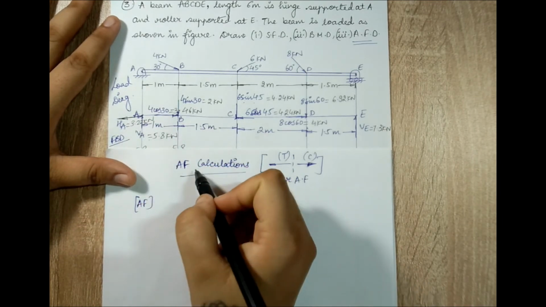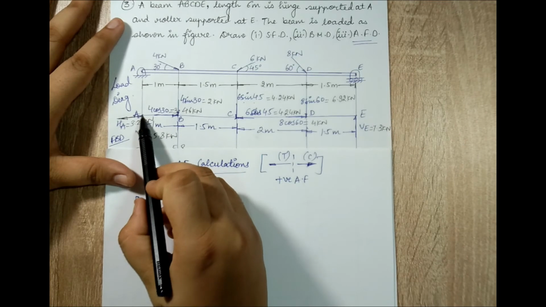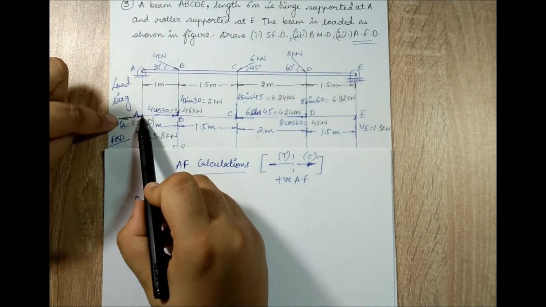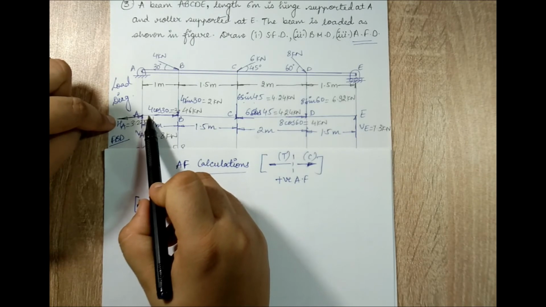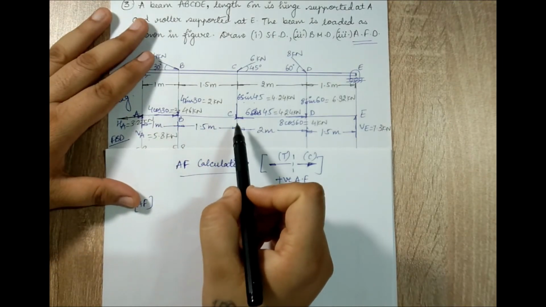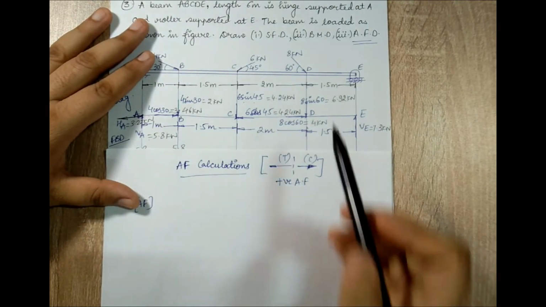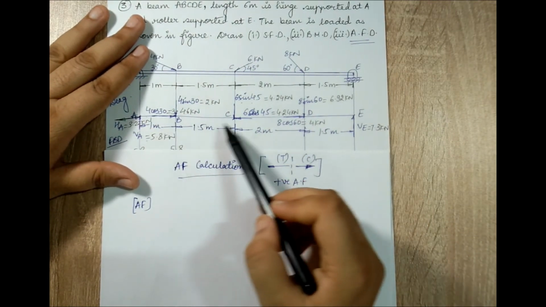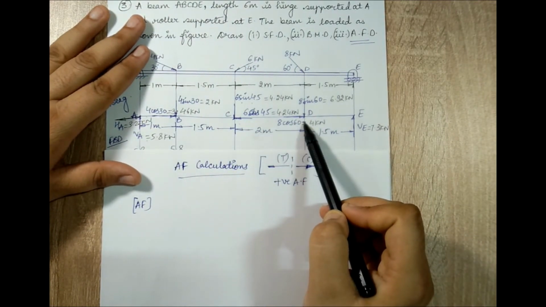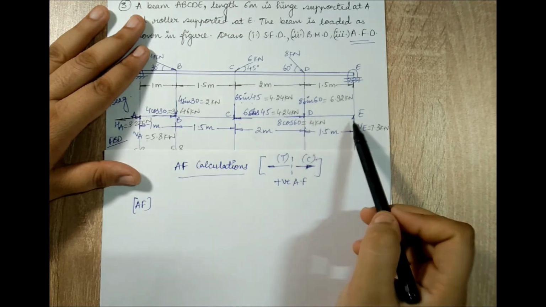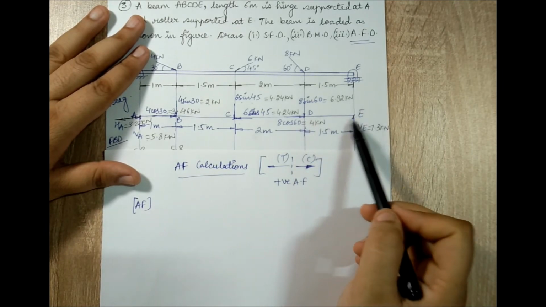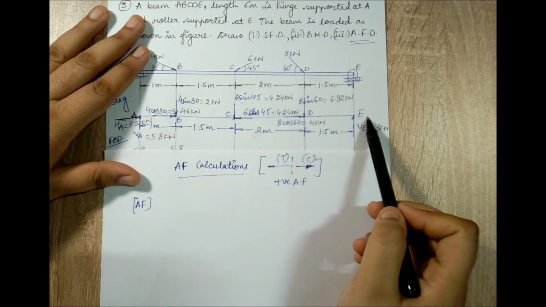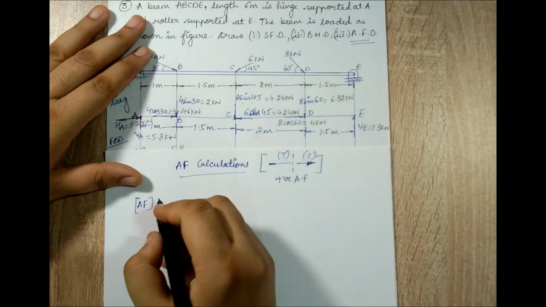Now, for axial force also, if at a point I can see horizontal force, only then I would calculate the axial force twice. If it is not present, then I would calculate the axial force only once. For example, at A, B, C, D, I'll calculate the axial force twice, left and right. For E, I'll just calculate once because there's no axial force at this point. So there is no point in calculating twice. It would have the same value for left and right.